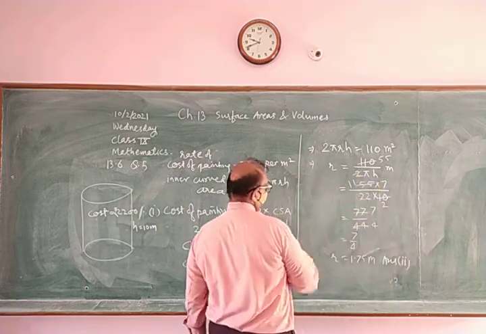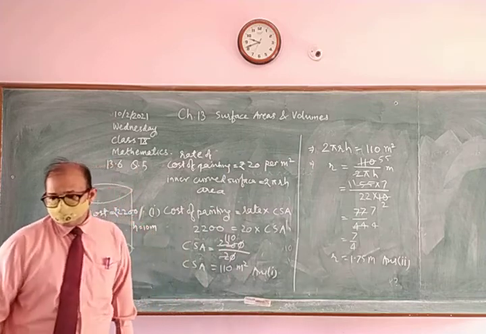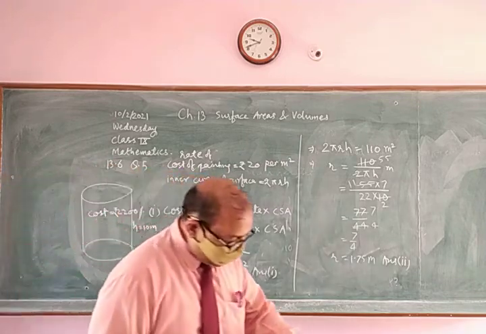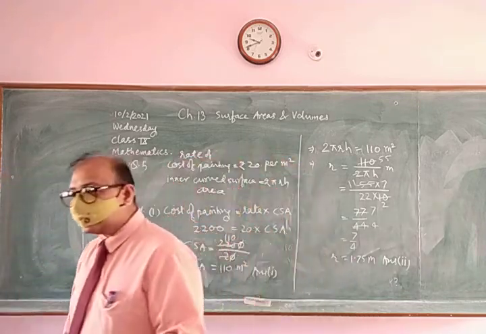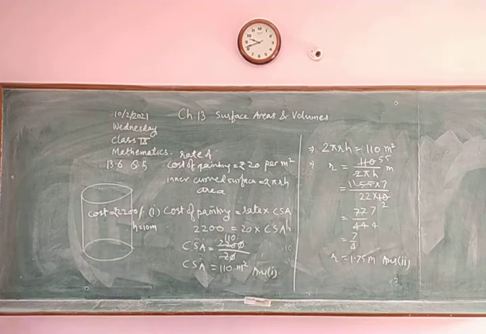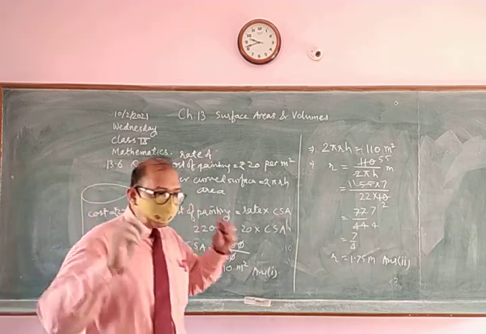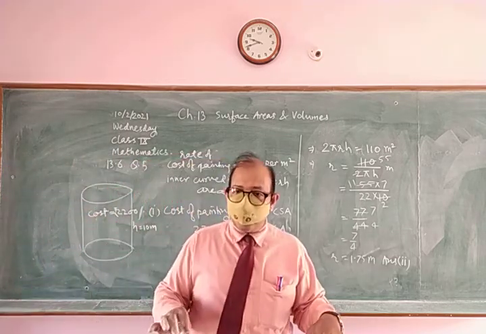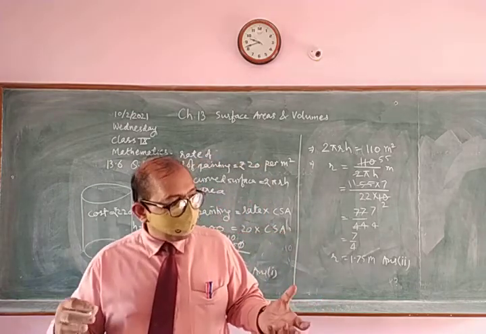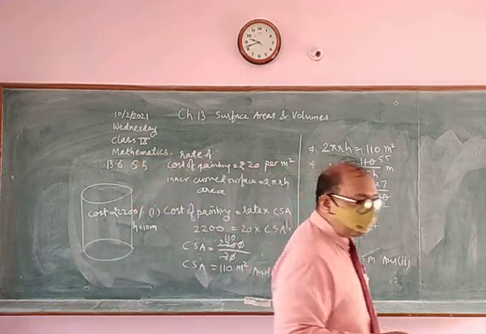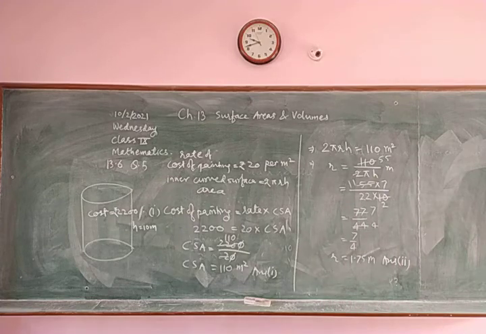Okay. Now third is what? Capacity of the vessel means volume. What is the formula? Pi r square h. Only put the value, you will find the volume of the vessel.